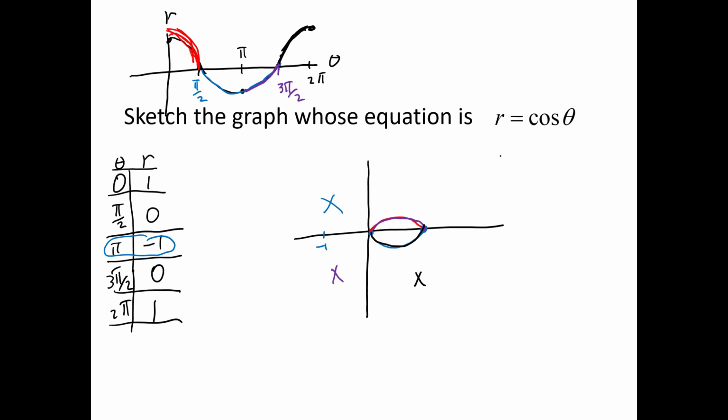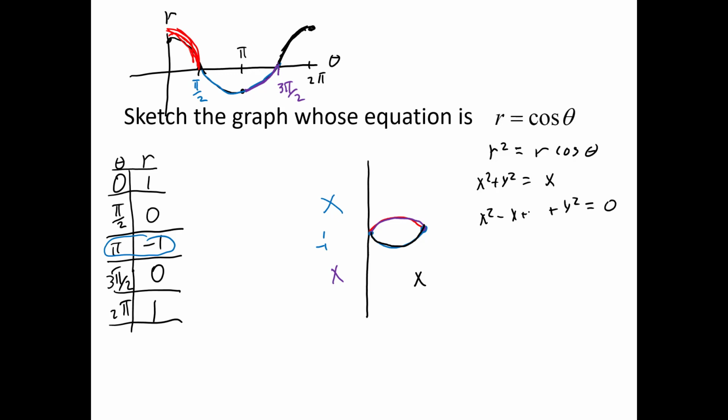If we multiply both sides of this equation by r, then I get r squared is equal to r cosine theta. That allows me to make my substitutions. For r squared, I can put x squared plus y squared. And for r cosine theta, I can put x. Subtract the x from both sides, and I will get x squared minus x plus y squared equals 0.